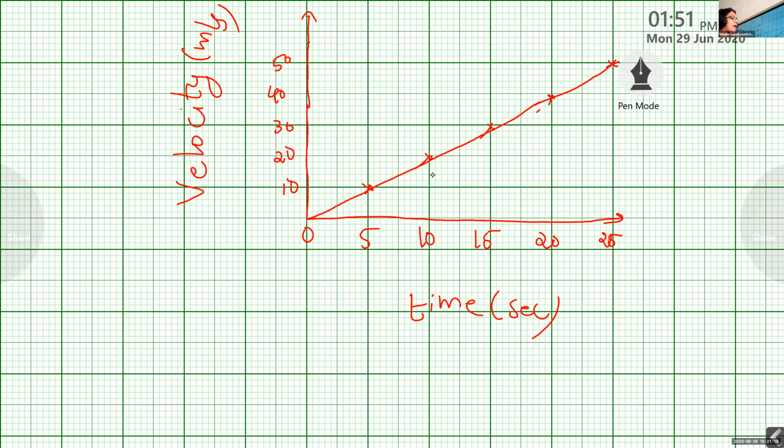What is the equation of acceleration? Gautam, we have learned acceleration is equal to what? What's the equation?